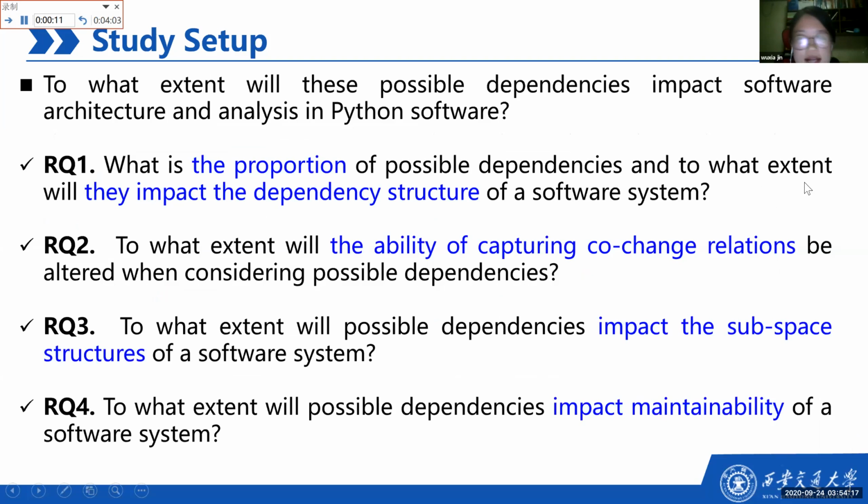And to what extent will they impact the dependency structure of a software system? Second, to what extent will the ability of capturing code chain relations be altered when considering possible dependencies? Third, to what extent will possible dependencies impact the subspace structures of a system? And last, we will investigate to what extent possible dependencies impact maintainability.